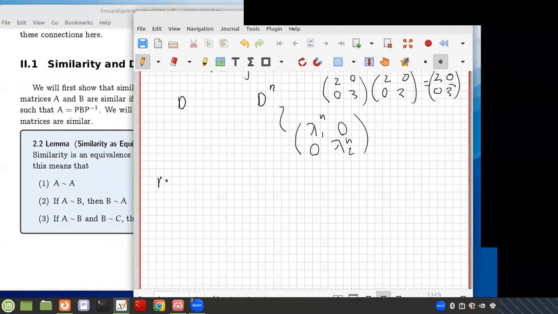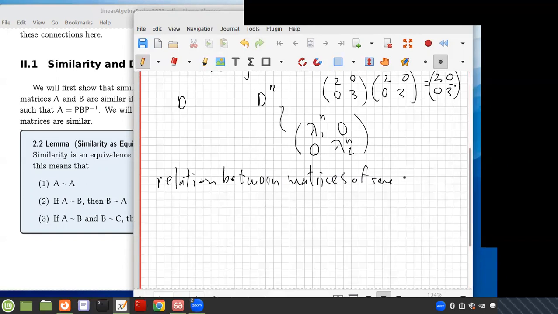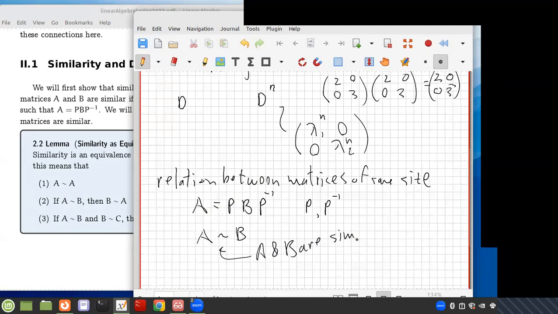It's a relation between matrices of the same size. If there's a matrix P that's invertible, so it has to be invertible, and A and B are related in such a way, P inverse, then we say A and B are similar. And it turns out that similar matrices have the same eigenvalues.